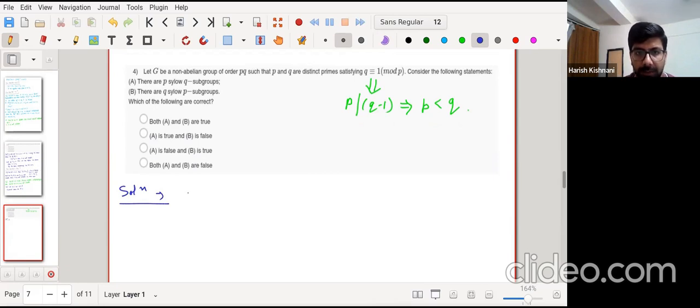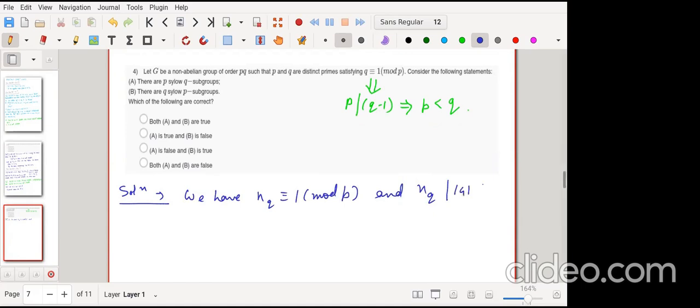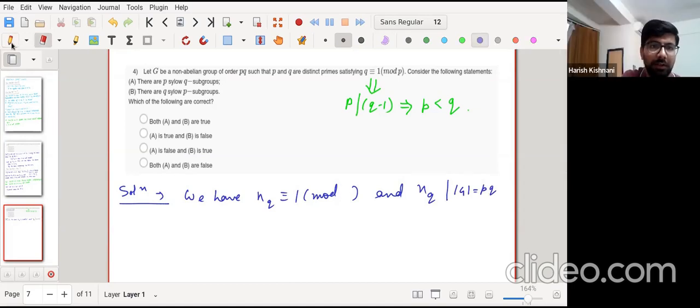So we have NQ congruent to 1 mod P, and NQ must divide the order of G. But the order of G is... oh, yes, thank you, Shalini.